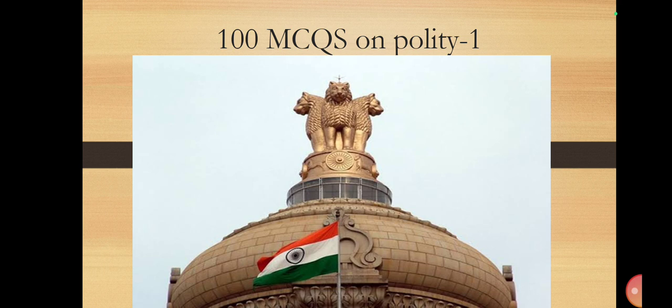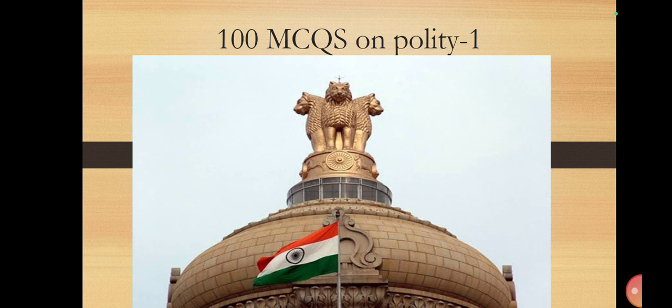Question number 22. Which of the statements given below are correct? The Armed Forces Special Powers Act, AFSPA, was passed on September 11, 1958, to help the army in tackling the disturbed areas of the northeast Indian hills of Assam.